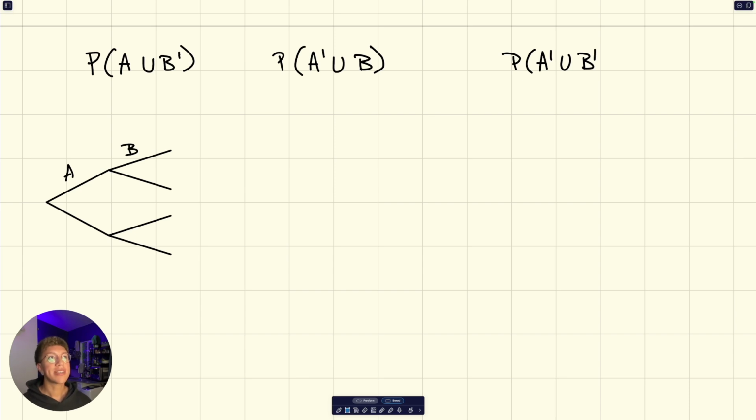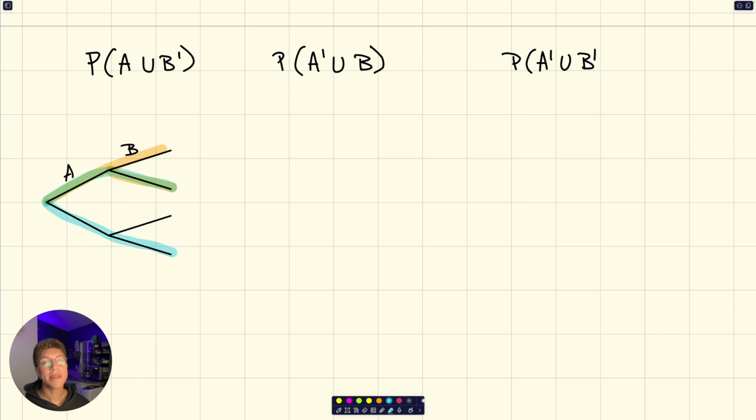So starting with our very first one, using the method that we just saw, which of these branches do you think would be included in the probability of A union B naught? Well, we're looking at the case where A occurs. A occurs in this branch, in this branch. We're looking at the place where B does not occur, and B does not occur in this branch and in this branch.